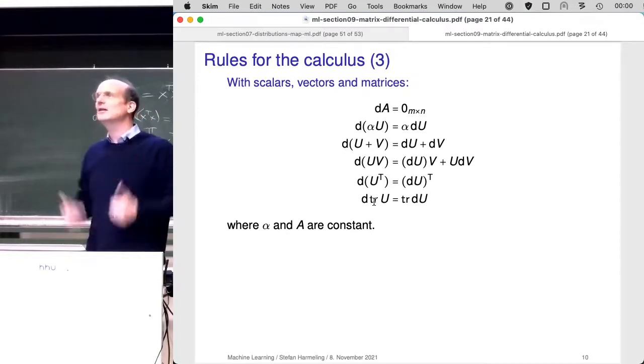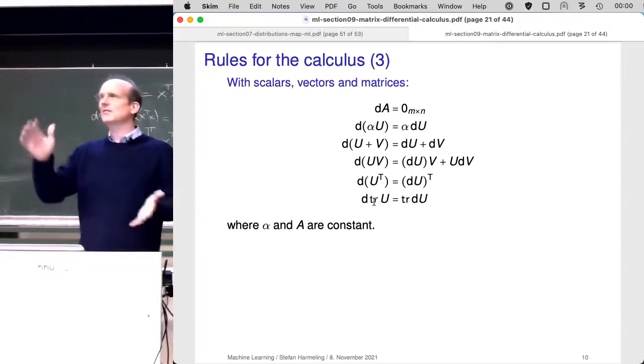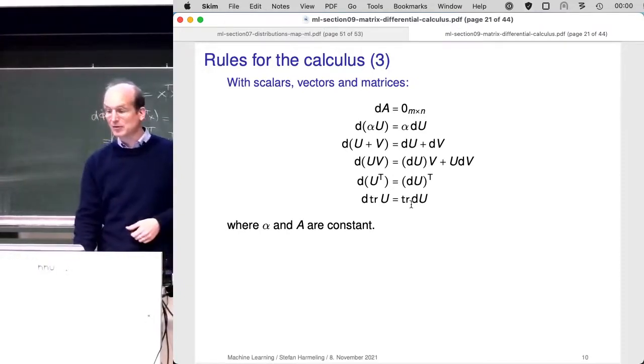I'm not doing anything nonlinear here. I'm just selecting elements and summing something out. So it makes sense that it will commute with my differential d. And it is like that.